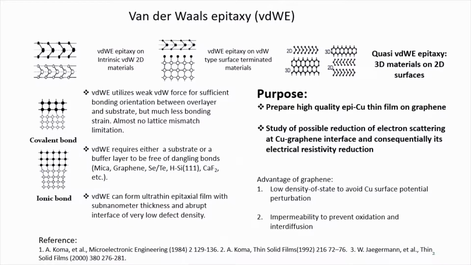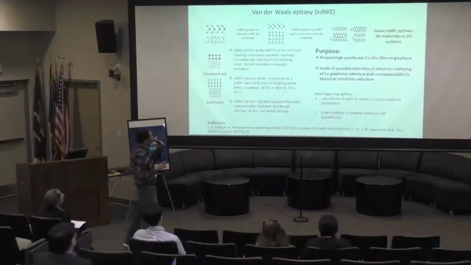On the top of the slide, I show three types of different van der Waals epitaxy. The first one is 2D materials on 2D materials. The middle one is 2D materials epitaxy on surface terminated materials, meaning there's no dangling bond on the surface.